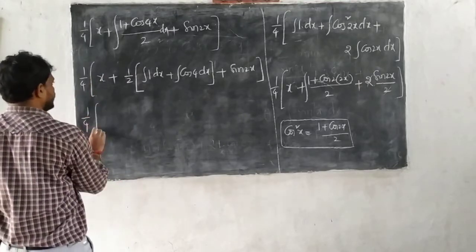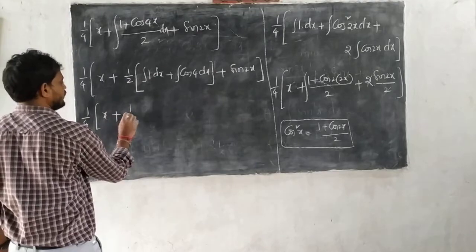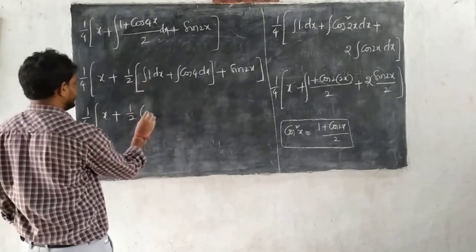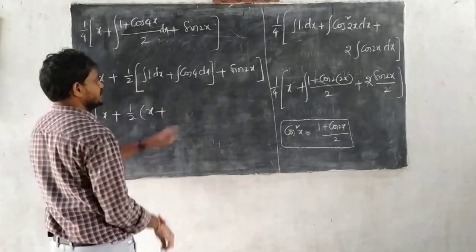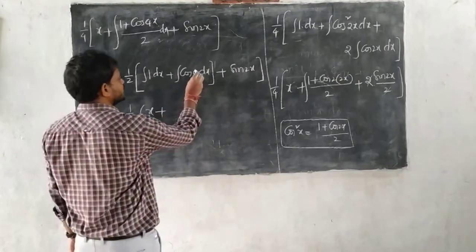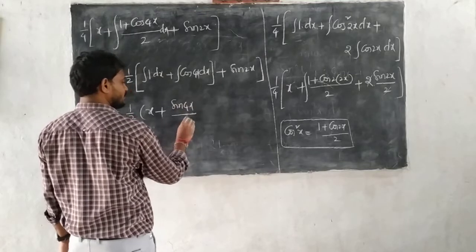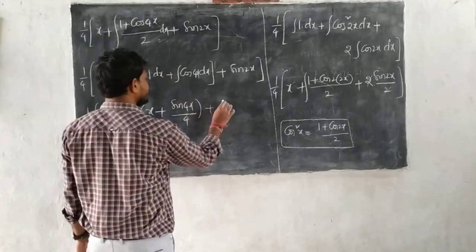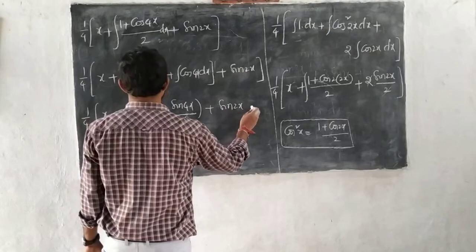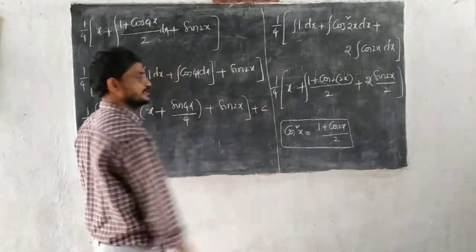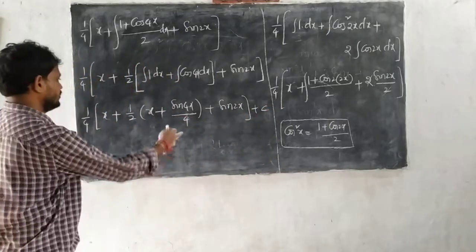1 by 4 of x plus 1 by 2 of integral 1 into dx is x, plus integration of cos 4x is sin 4x by the x coefficient 4, plus sin 2x after integration, plus c. Let's simplify it.